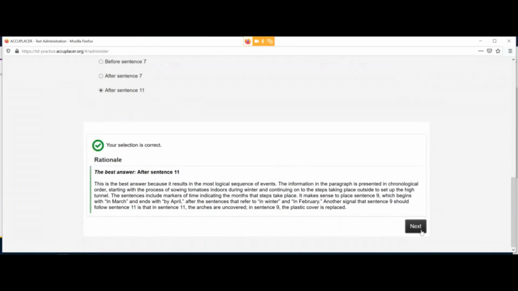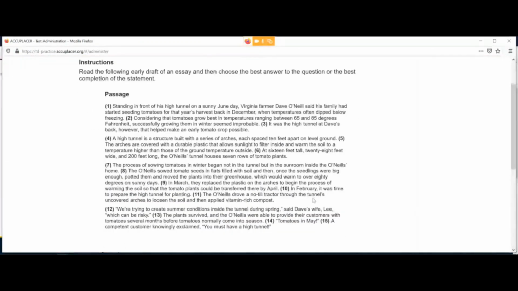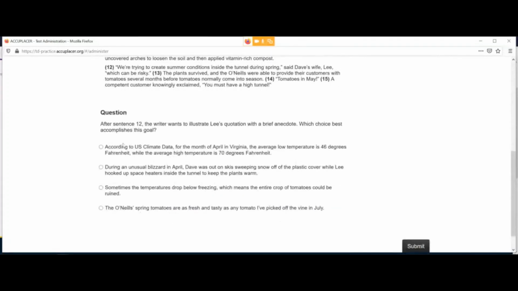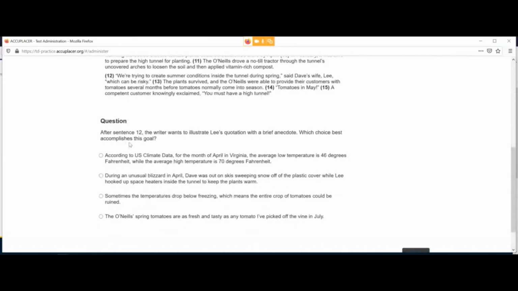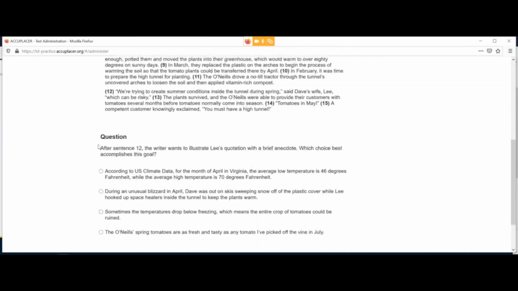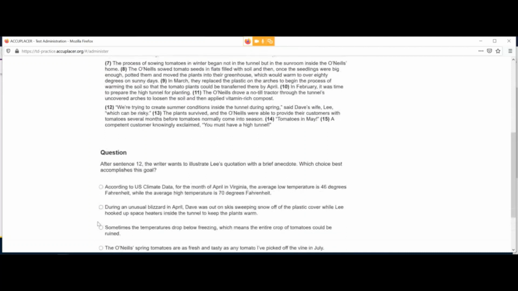Okay, so moving on, this is the second to the last question that we'll deal with today. After sentence 12, the writer wants to illustrate Lee's quotation with a brief anecdote. Which choice best accomplishes this goal? Okay, now, here you don't really need to read the passage, although it's very short.